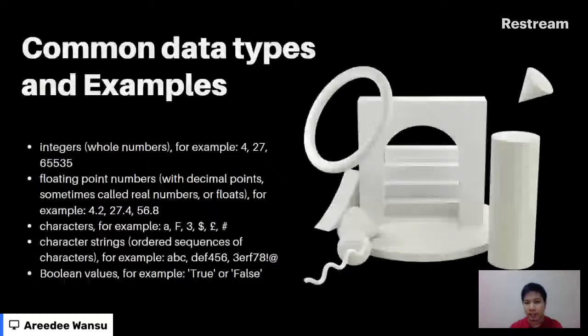Next is characters. A character refers to a number, letter, space, or symbol that can be entered in the computer. Each character occupies 1 byte of space. For example, A, F, 3, dollar sign, euro sign, and etc. Next is character string. It is used to represent text. It is composed of a set of characters that can have spaces and numbers.